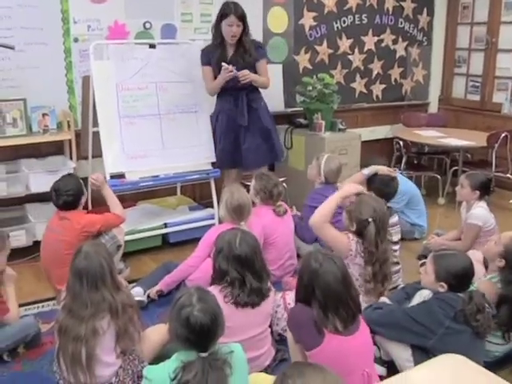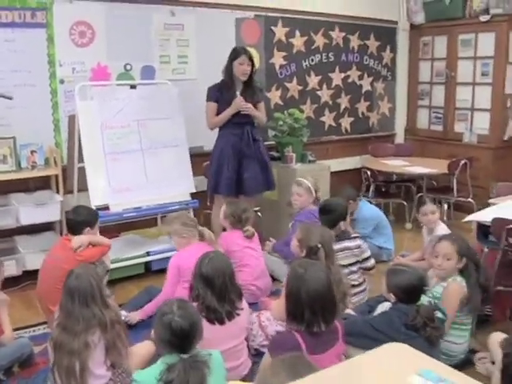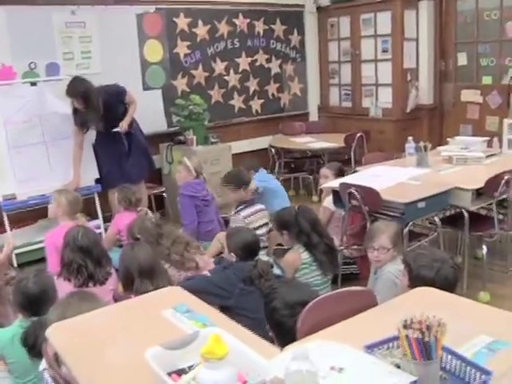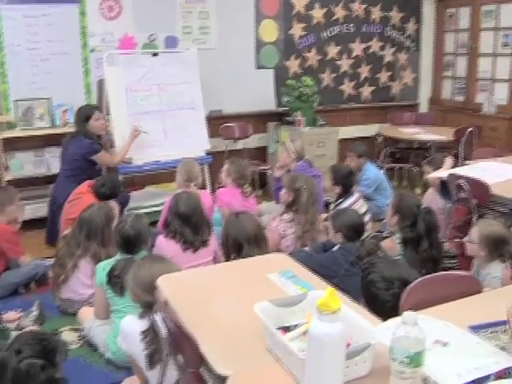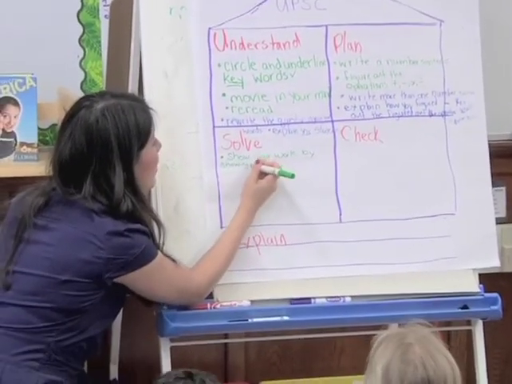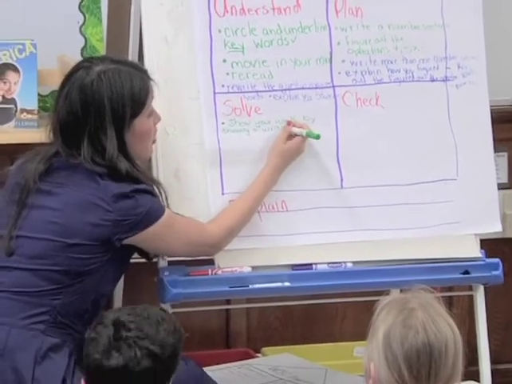Okay, let's look at our solve. I'm going to call on the group in the back because they did a really good job talking about how you meet the standard. You shouldn't just write the number sentence and the answer. You should show your work. Kevin, can you tell them what that means? If it's 15 times 3, you shouldn't write 15 times 3 is, and then the answer. You should draw a picture or skip count, by showing or writing your strategy.